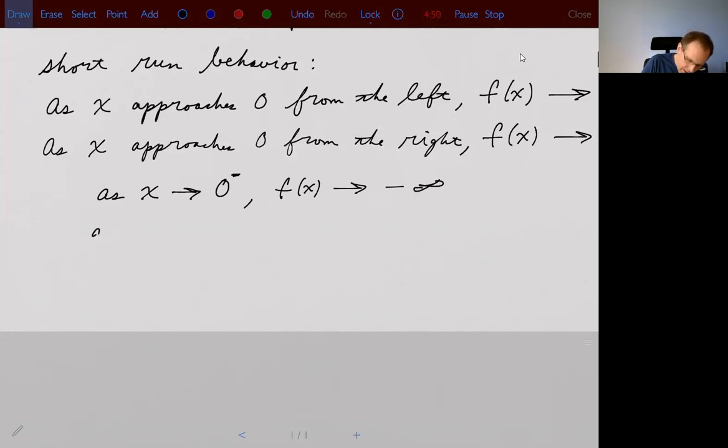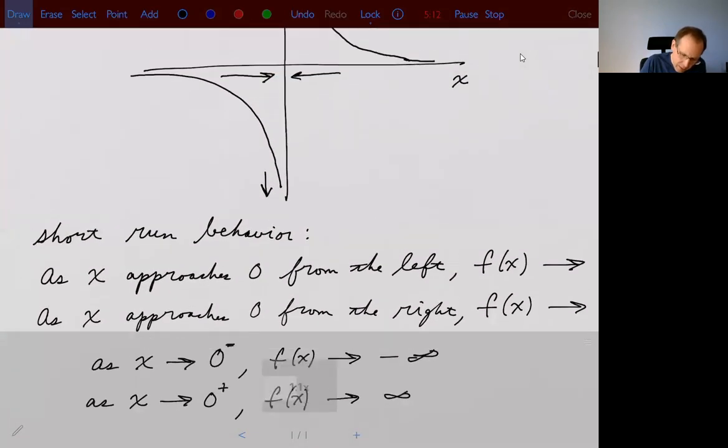And then as x approaches 0 from the right, and you can guess it's going to be a little plus, then f of x approaches positive infinity.